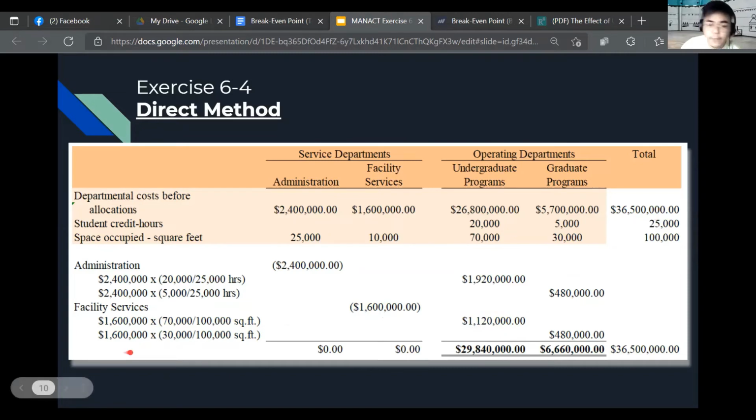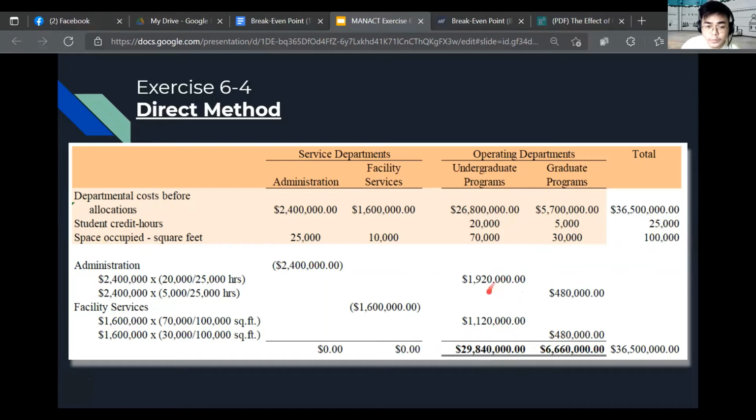For the next program, we have 1,600,000 multiplied by the number of square feet, which is 30,000, divided by the total number of square feet. So we have 480,000.